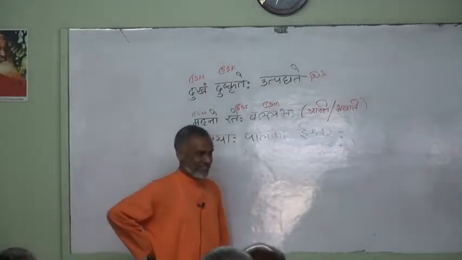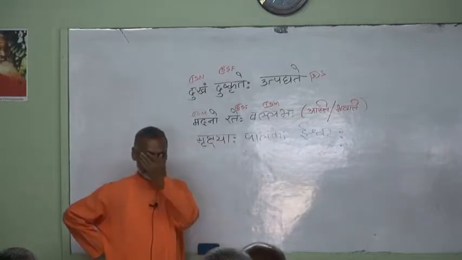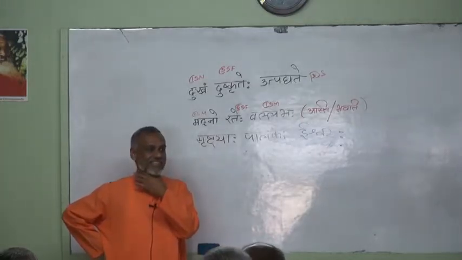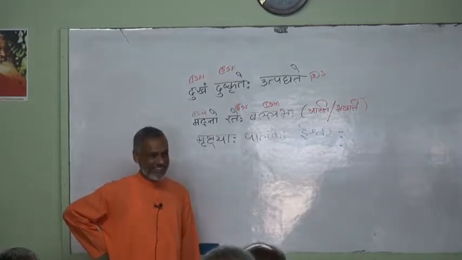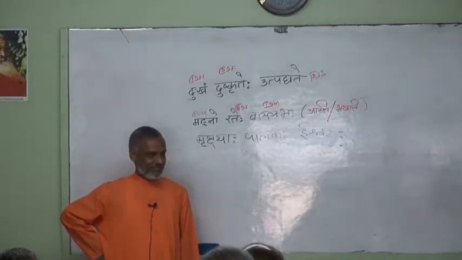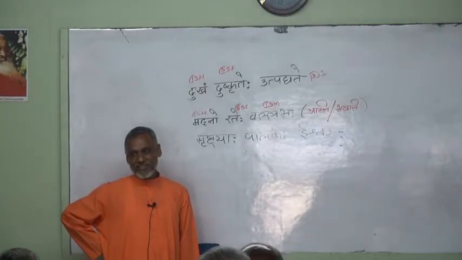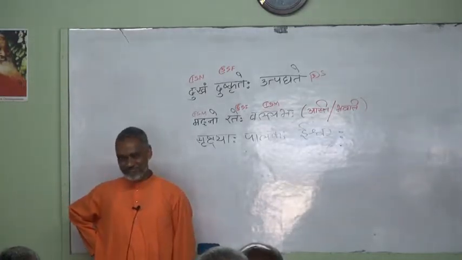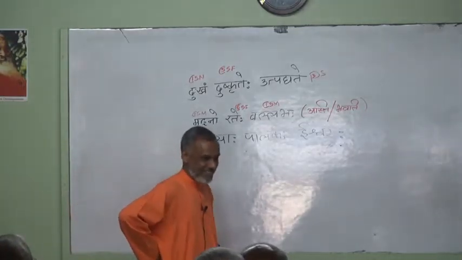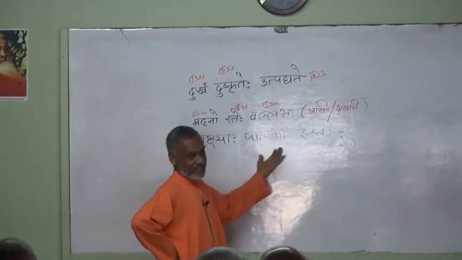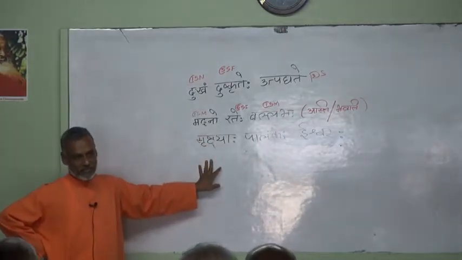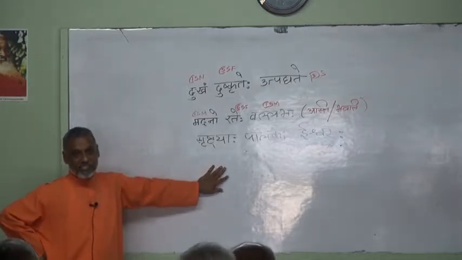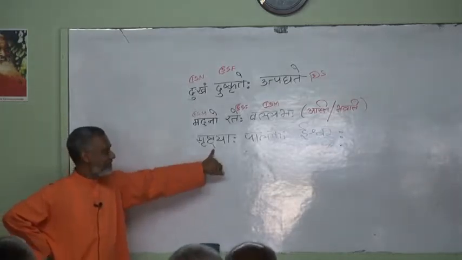Attila the Hun. Correct. Attila the Hun. Something like Ishwara the protector of the Srishti. So which case is this?